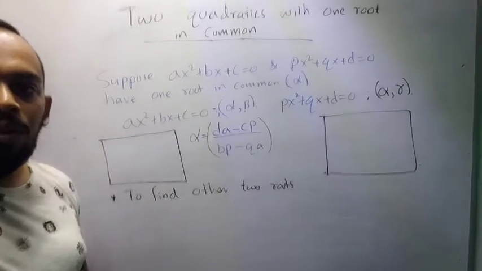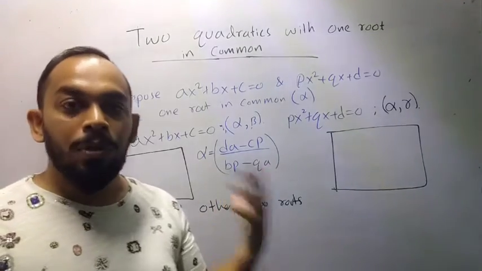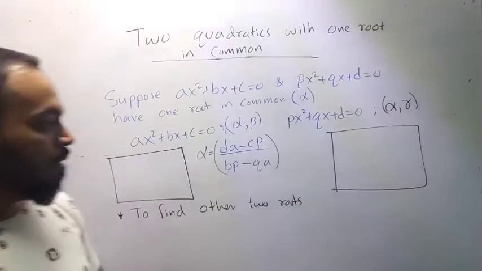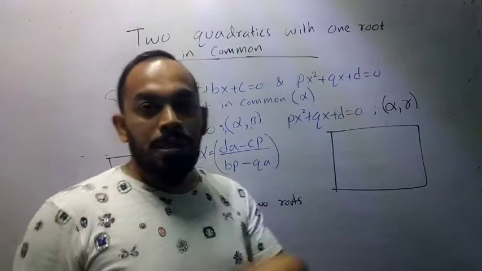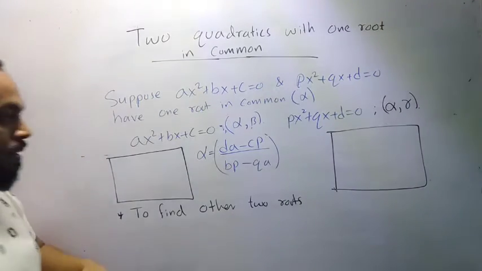Right. So how do you find the other two roots? We saw how to get the common root when the two quadratic equations are given, and we have two other roots remaining, beta and gamma. Is there a way to get this? Yes. We can use the relationship we obtained in previous videos.